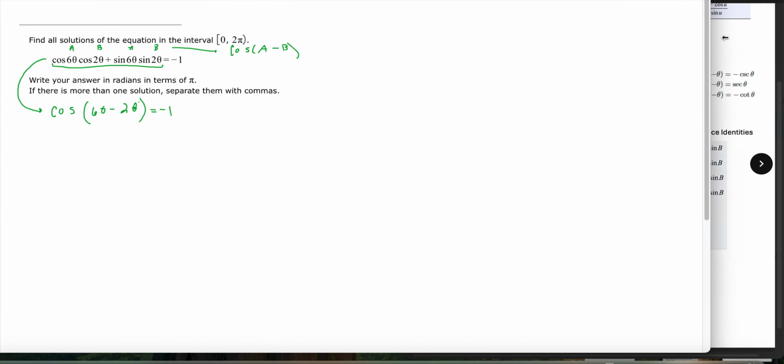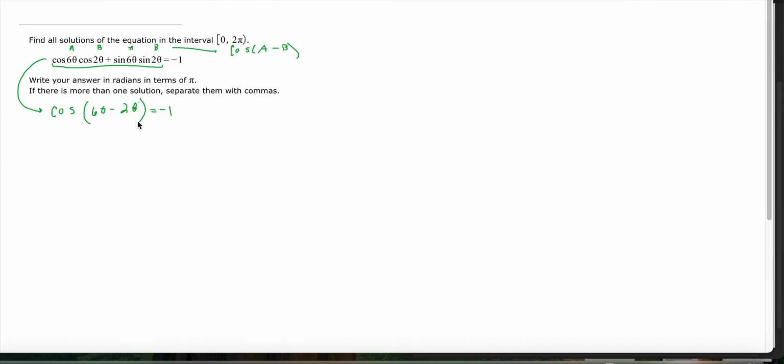Okay, so now I'm going to subtract 6 theta minus 2 theta. That gives me cosine of 4 theta is equal to -1. So now I'm going to solve for 4 theta. In my head, I'm thinking, okay, cosine of what equals -1?